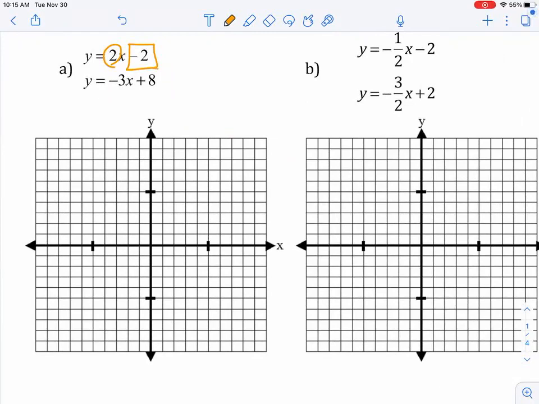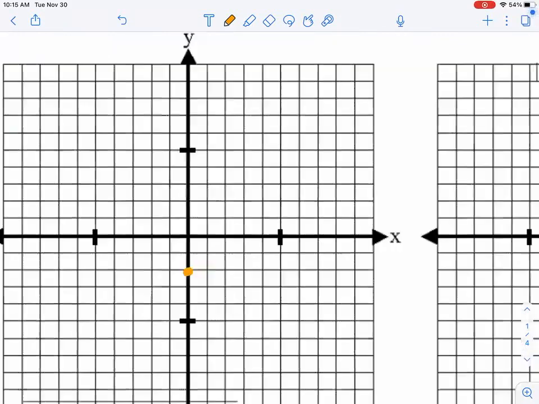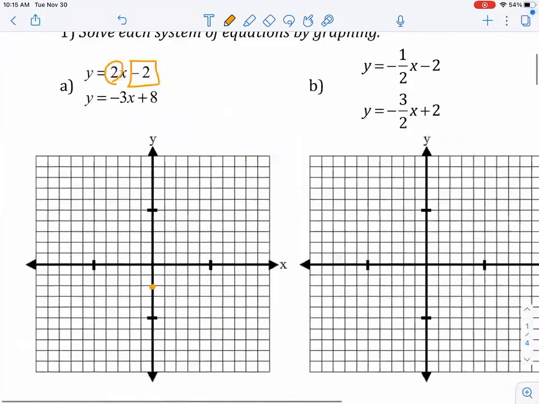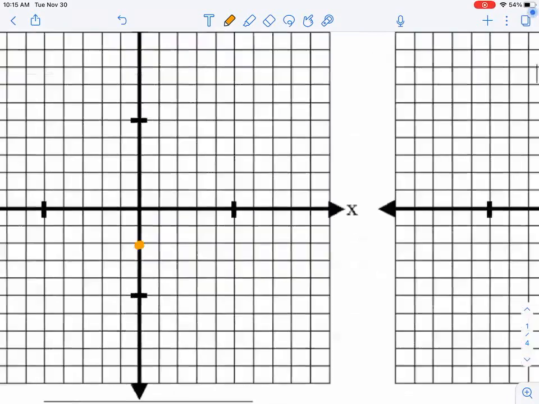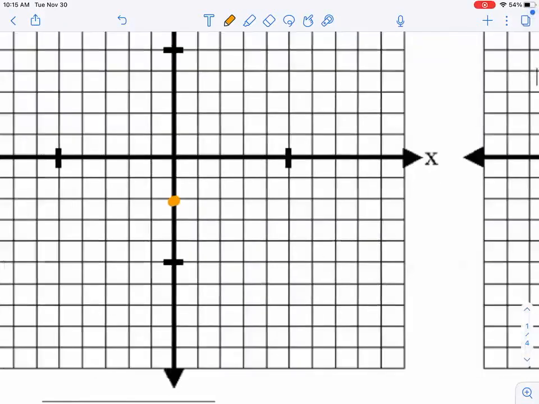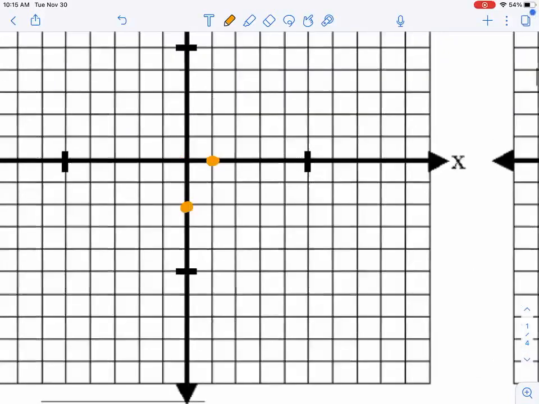Start with the y-intercept of negative 2. So I will put a dot at negative 2. And then I have a slope of 2, meaning I'm going to go up 2 and over 1. So from this negative 2, I go up 2 and over 1 and put another dot.